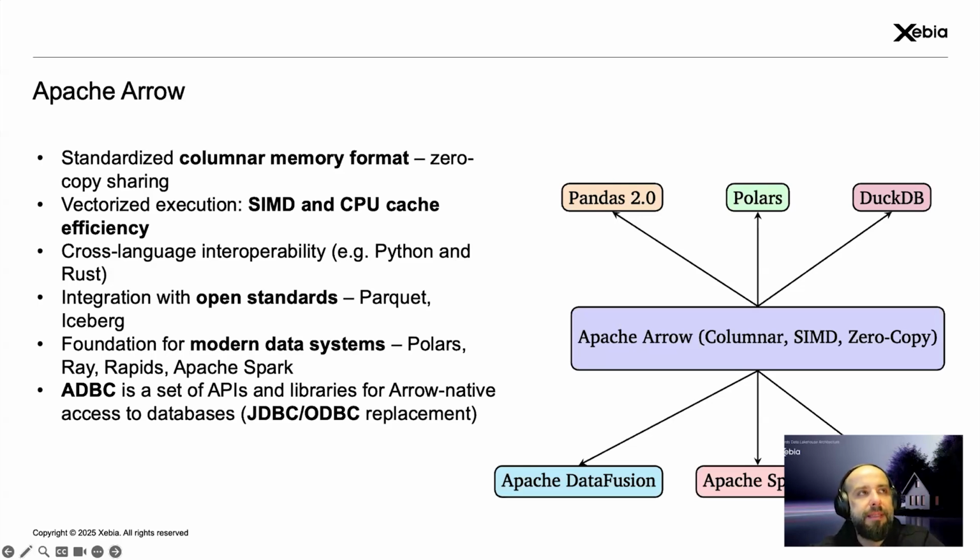But at the same time, since it's a standardized format, it can be very easily shared between different tools. By doing so, we can have an ecosystem of different tools, when we, for example, do some of the processing in one tool, then pass it on to another tool.